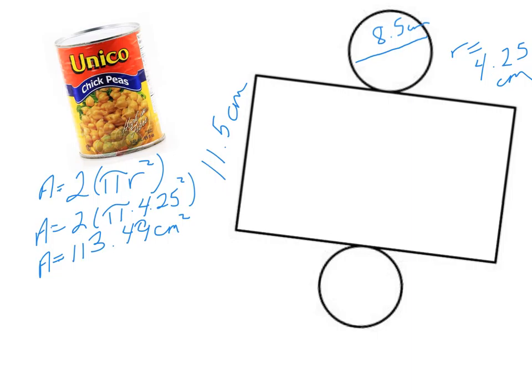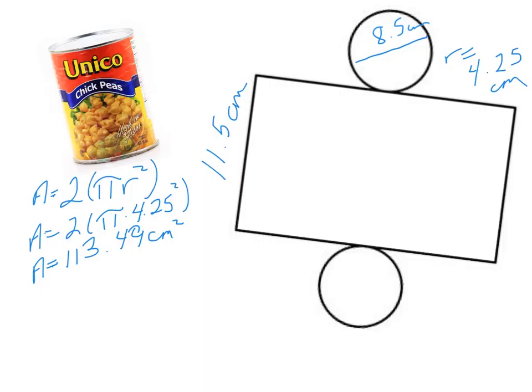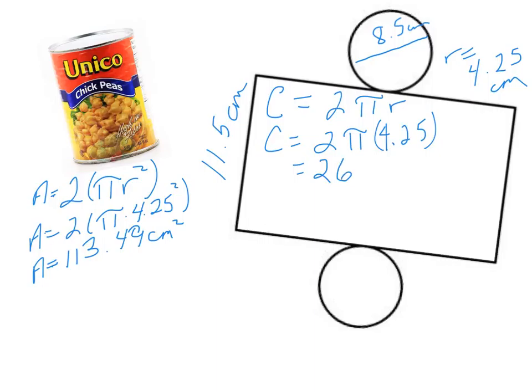So remember that circumference is equal to 2 pi r, and so that's equal to 2 times pi times the 4.25, which is equal to 26.7 centimeters.